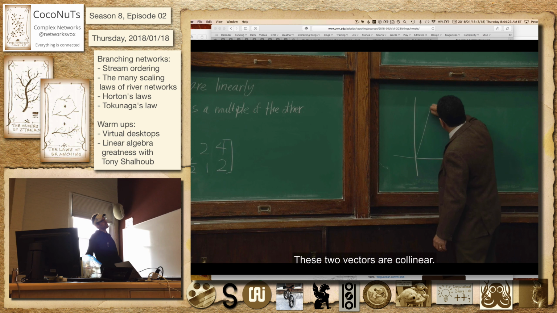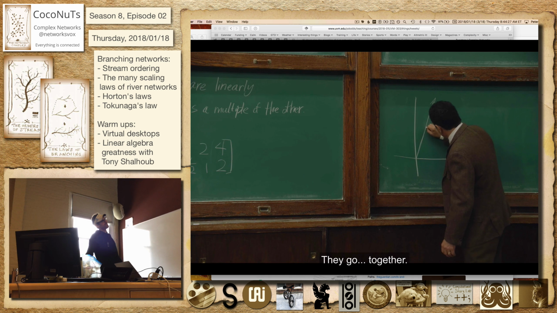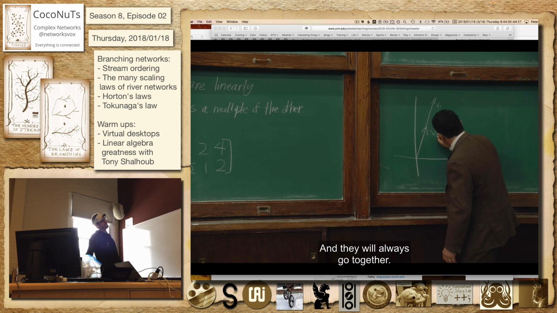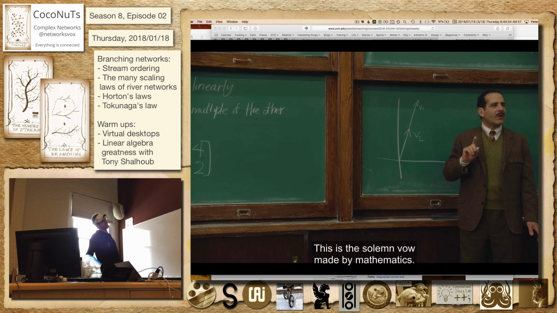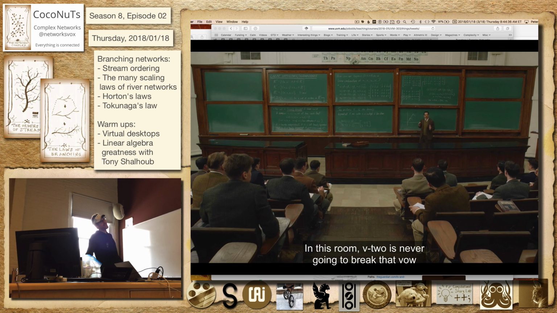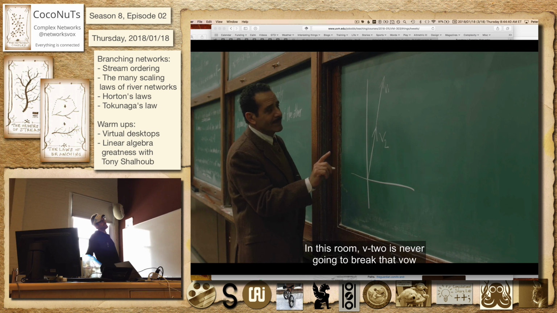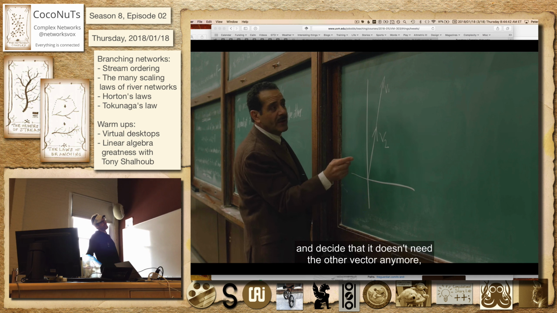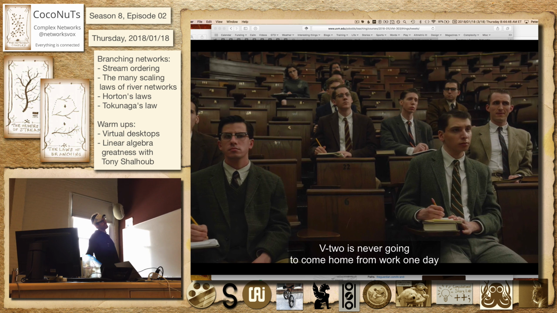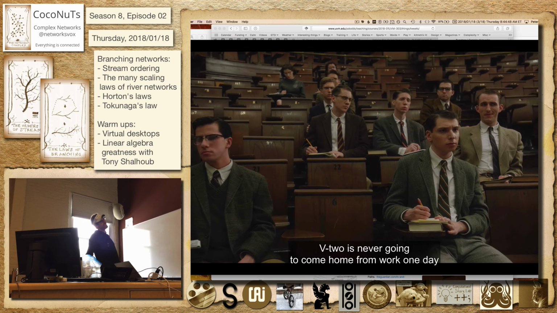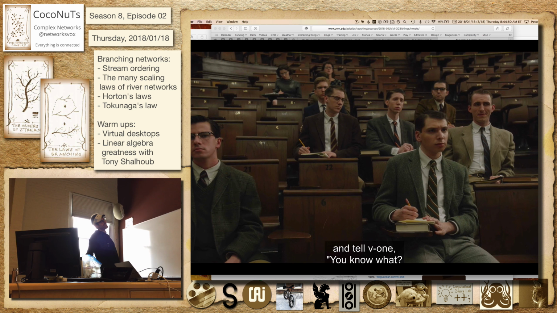These two vectors are collinear. They go together. And they will always go together. This is the solemn vow made by mathematics. In this room, V2 is never going to break that vow and decide that it doesn't need the other vector anymore and that it's going to run off and become linearly independent. V2 is never going to come home from work one day and tell V1, you know what?